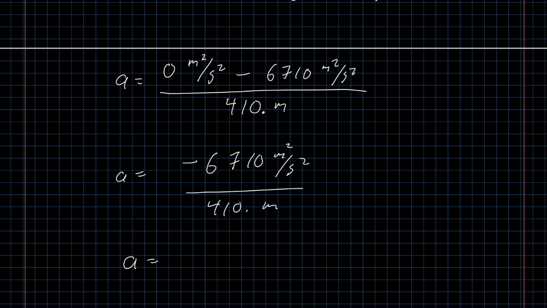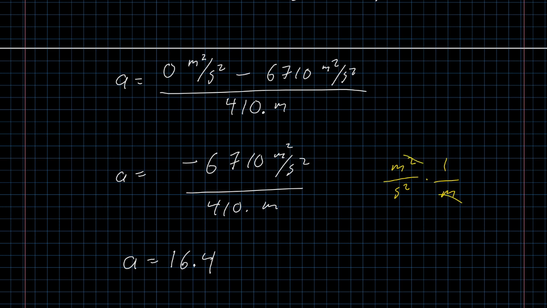6,710 divided by 410, and round to 3 significant digits, I get 16.4. And then my units, I have meters squared per second squared divided by meters. Dividing by meters is the same thing as multiplying by the reciprocal, 1 over meters.